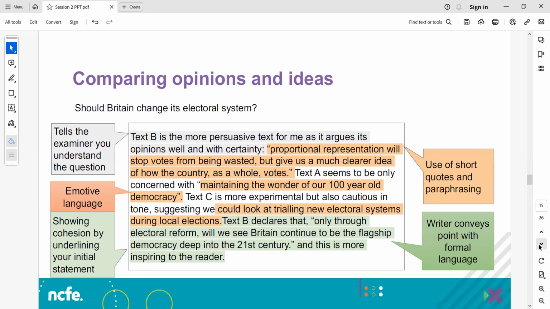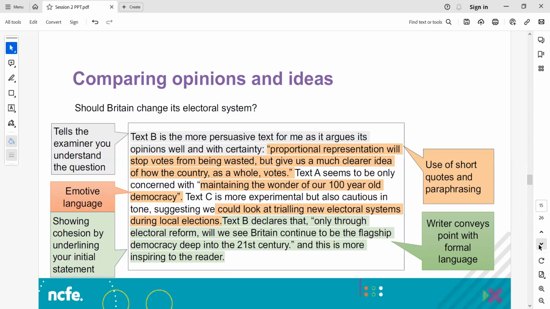So the use of short quotes and paraphrasing, again, using the speech marks to show that it's a direct quote from the text, and we know it's from text B. So again, it's essential to name the text that you're referring to, text A, text B. We can see that in the next sentence, text A seems only to be concerned with maintaining the wonder of a 100-year-old democracy.